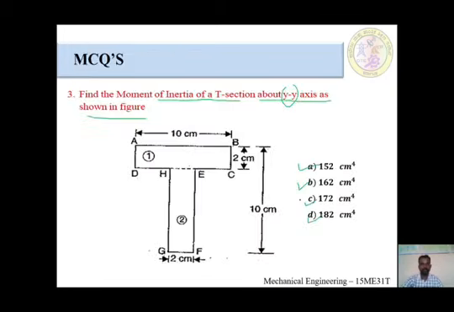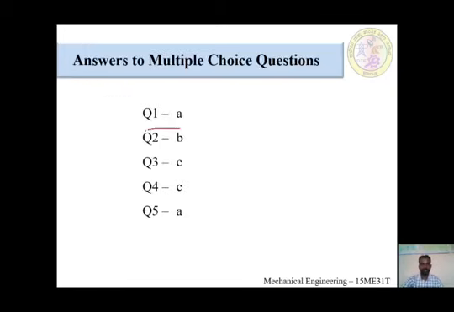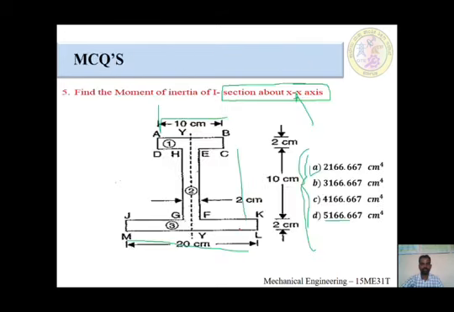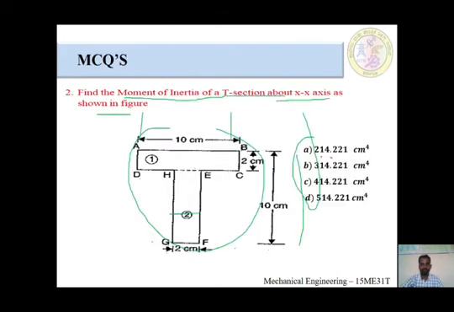After that, the second question answer is B. What is the question? Find the moment of inertia of the T section about the x-axis. They have asked only about the x-axis. The answer would be 314.221 centimeter raised to 4. After your calculation, this answer you may get.